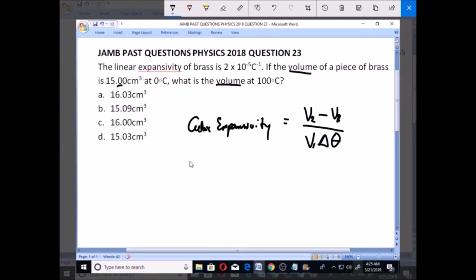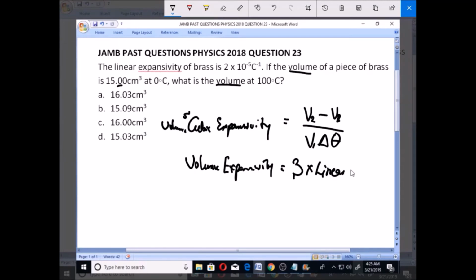You can call it cubic expansivity or volume expansivity. This volume expansivity is also equal to 3 times the linear expansivity.